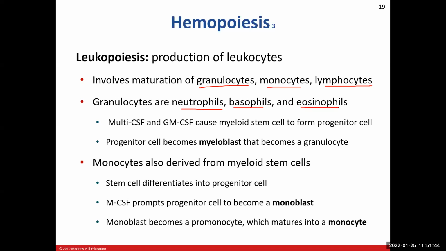All those cells end with phil, so these are in the granulocyte family. Similar situation: colony stimulating factors will be produced, and they will cause these cells to advance from the myeloid stem cell line to form the progenitor cells for whatever specific type of granulocyte we're dealing with.